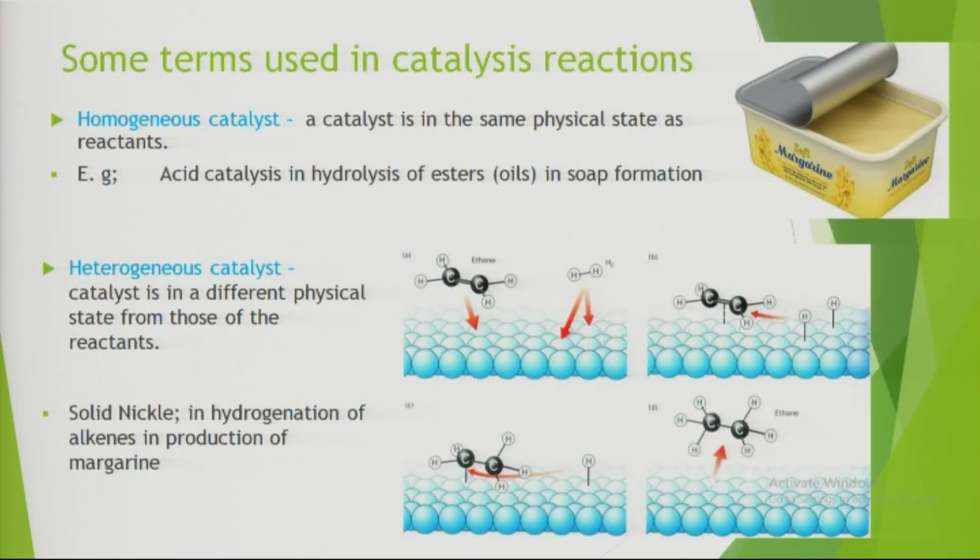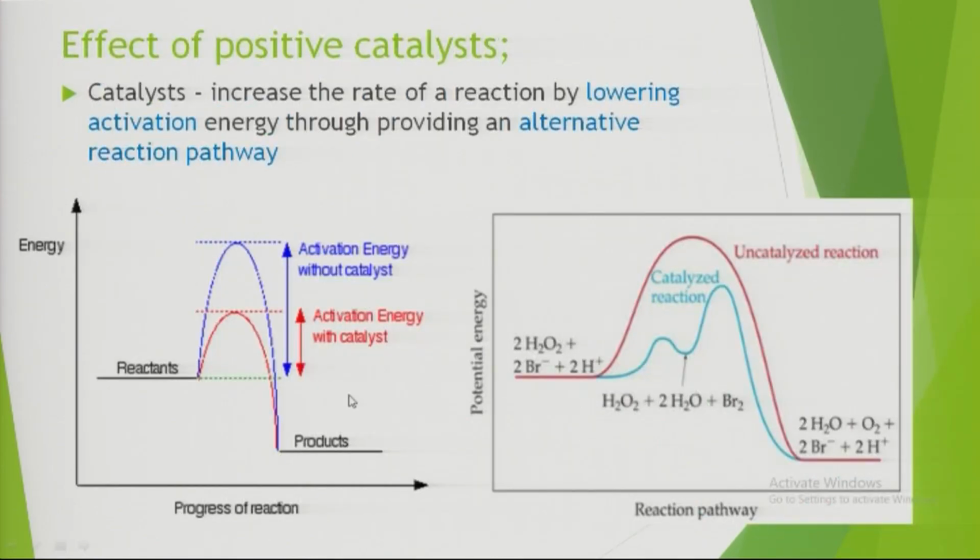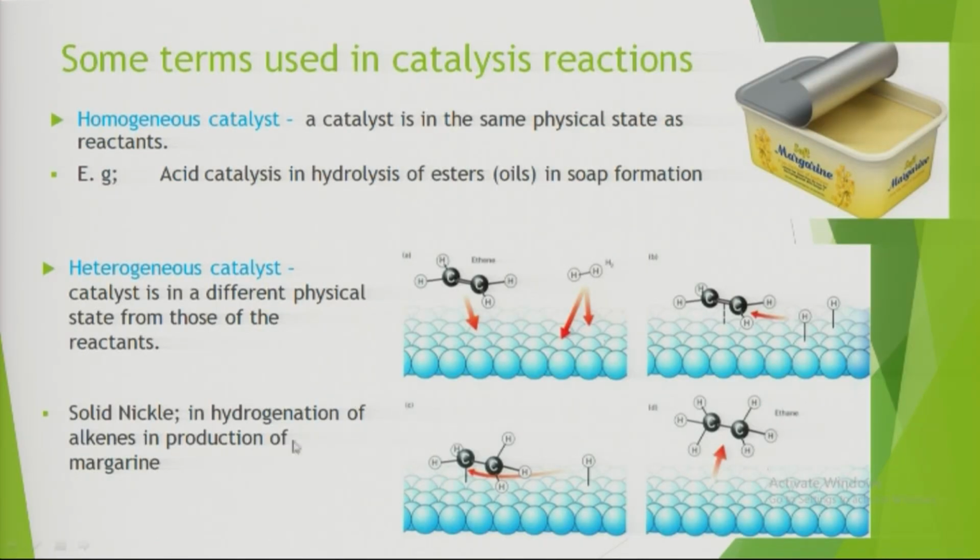Some crucial terms we use in catalysts, which you need to know, are homogeneous catalysts and heterogeneous. Homogeneous, that's where the catalyst and the reactants are in the same physical state. Heterogeneous, they are in different physical states. An example is solid nickel.